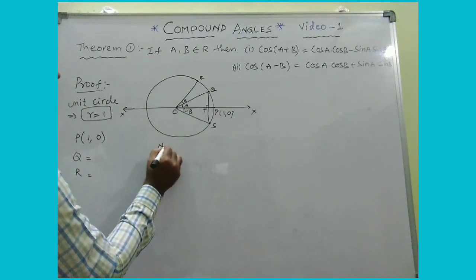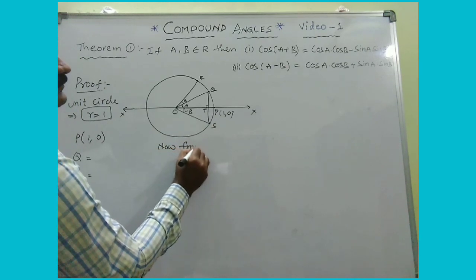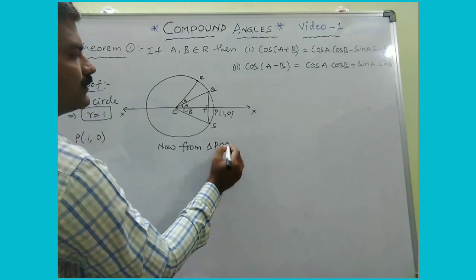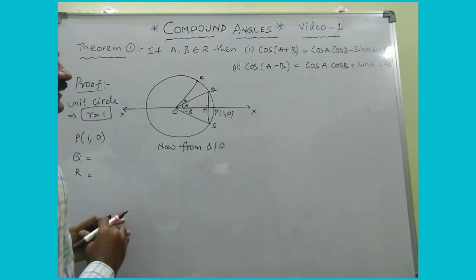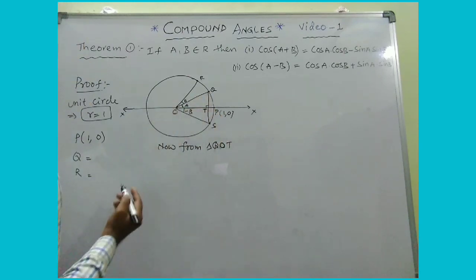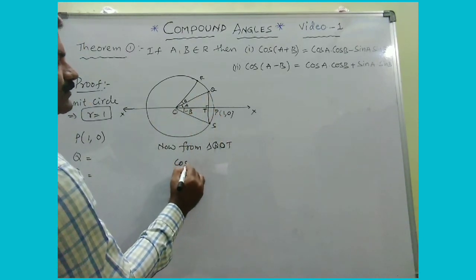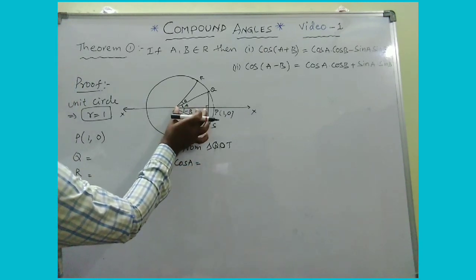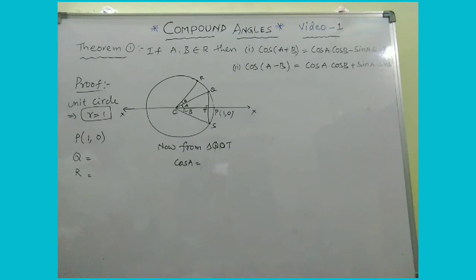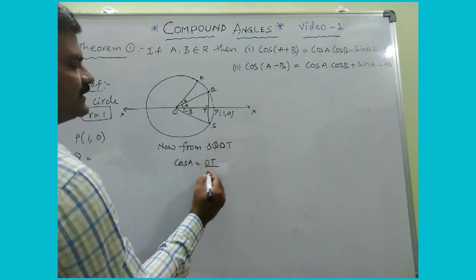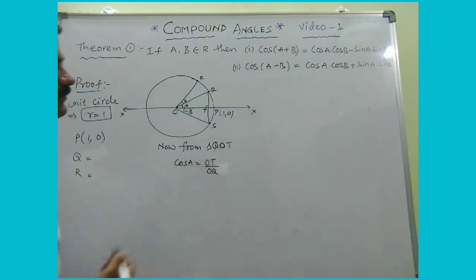Now from triangle QOT, I want cos A. What is cos A? Angle A, this one. Cos A is nothing but adjacent by hypotenuse, that is OT by OQ.